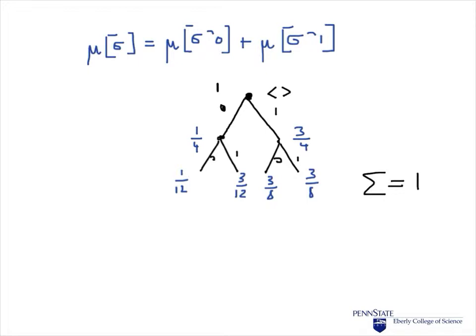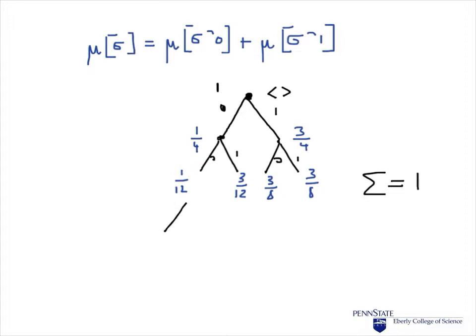So you can think of a probability distribution as a mass trickling down along this tree. That's why I drew it upside down, because you put a mass here and then, according to some probabilistic process, it trickles along the branches of the tree. And at each point in time, the mass that you started out with is preserved.